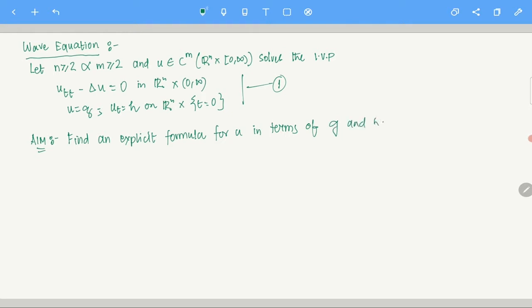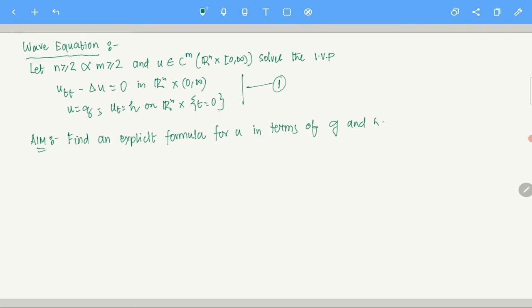So I have to find an explicit formula just like we did in D'Alembert's formula. You remember D'Alembert's, right? But that is for n equals 1, the one dimensional wave equation. Here this is an n-dimensional wave equation.